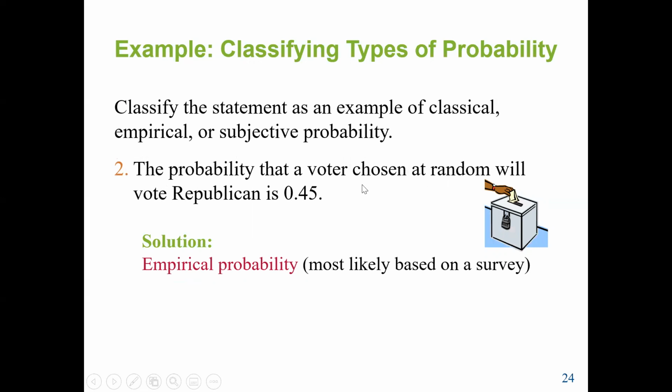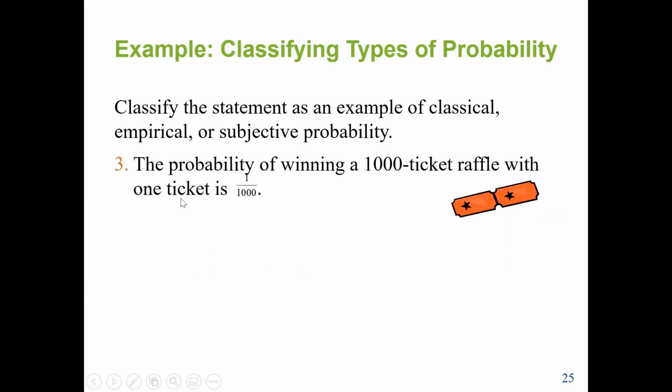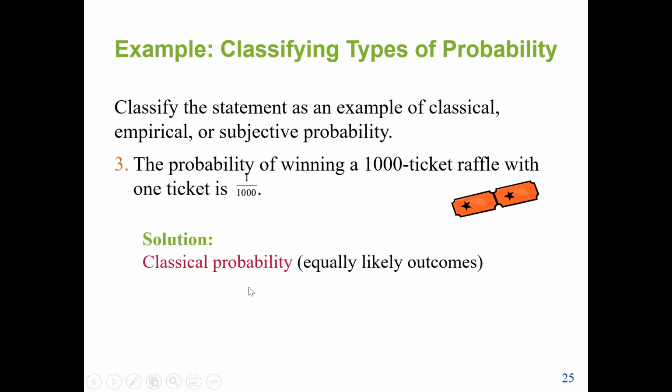Now, the probability of winning a 1,000 ticket raffle with one ticket is 1/1,000. This is again classical probability. I would say it's based on proportion or relative frequency. So this will be a classical probability, equally likely outcomes.